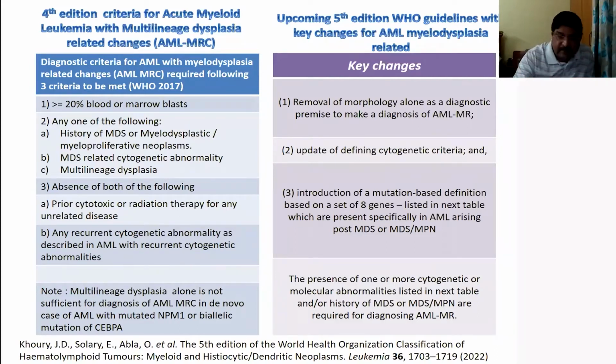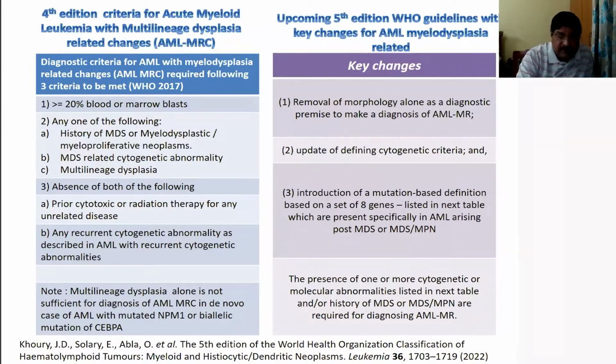It has diagnostic criteria where you had more than 20% blasts in blood or marrow, with or without a prior history of MDS, presence of MDS related cytogenetic abnormalities, presence of morphologic evidence of multilineage dysplasia, absence of both of the following: prior cytotoxic or radiation therapy, and any recurrent cytogenetic abnormalities, which you find in this classification, about 8 of them.